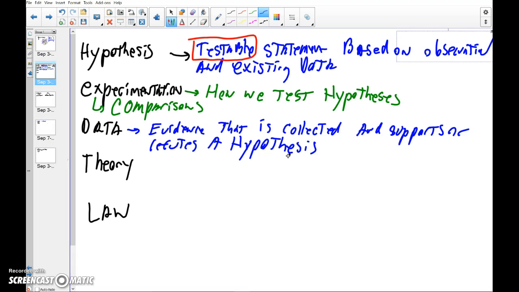Now, obviously, there's a lot more to it. Like, data is collected in very specific ways. There are ways that we can take a look at data to actually do some math to it and try to be like, oh, well, that data is useful, or oh, that data doesn't really tell us what we think it does. All right, but it's very important that you understand data is evidence. Now, there's multiple types of data, which we'll talk about a little bit later on in this presentation. But for right now, it's evidence.